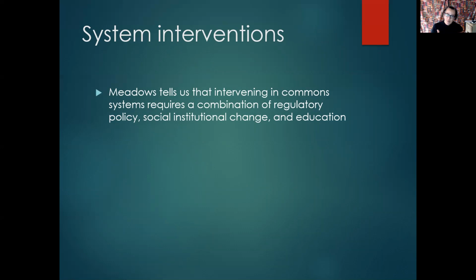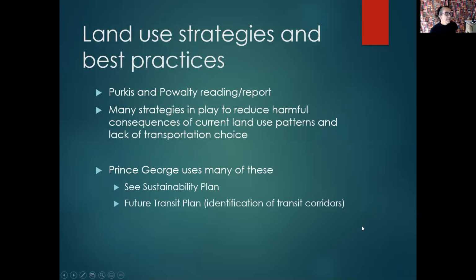Over half the emissions are coming from transportation. A major part of that is private vehicle use, and a major part of the choice horizon of people around using private vehicles in a place like Prince George is that the land use pattern leaves them with few workable choices. That was a simple way to say that argument.